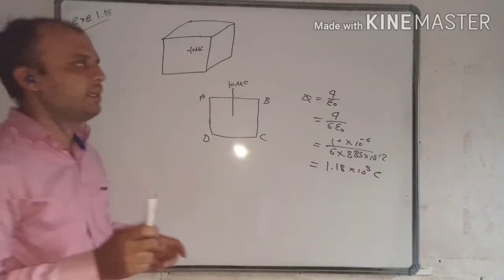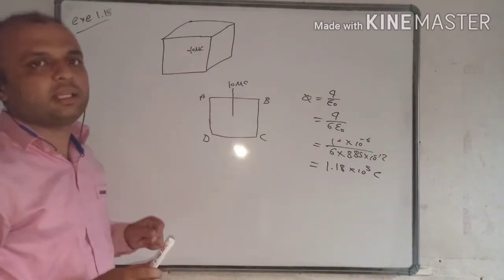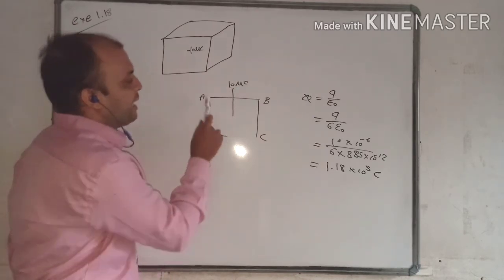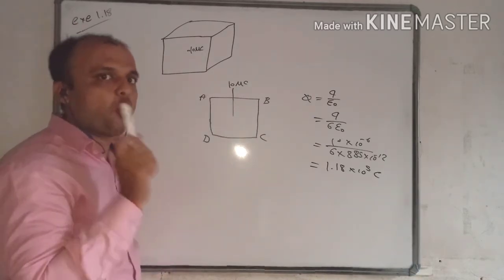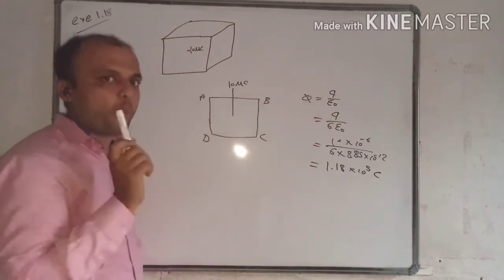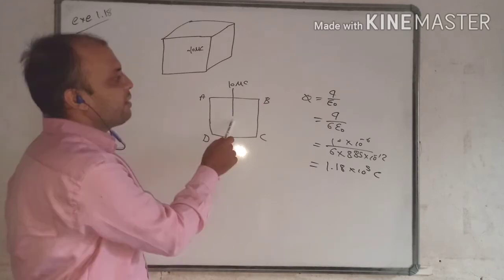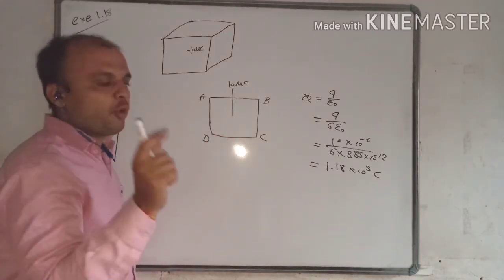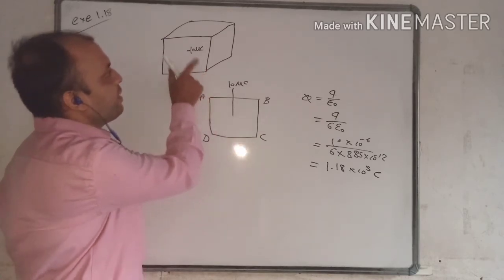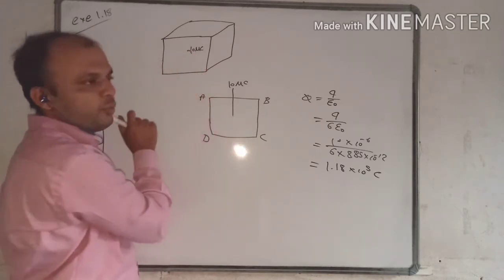Again, why do we consider a cube here? Understand that it is a square, and we cannot apply the Gauss formula for an open surface. We consider a closed body having the same dimension as this square, so we consider a cube, which is a closed body.